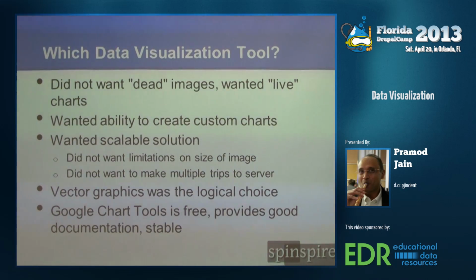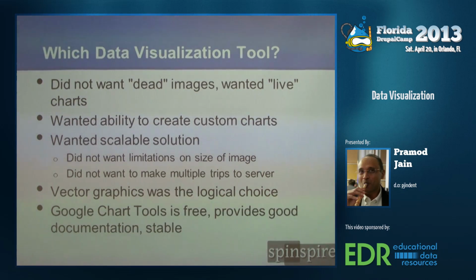So the challenge we faced was which data visualization tool. And we clearly did not want dead images, which is sending it off to the server and the server returns a bitmap to us. We wanted live charts, interactive, and so on. We wanted the ability to create custom charts, and I'll show you some custom charts we've created. We wanted a scalable solution.